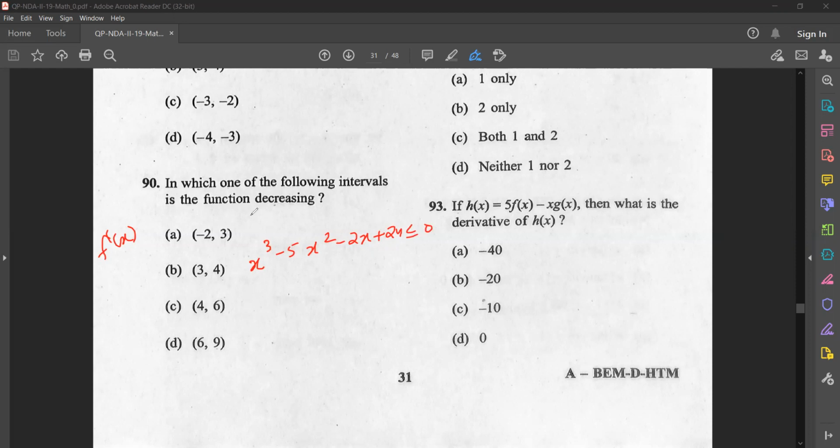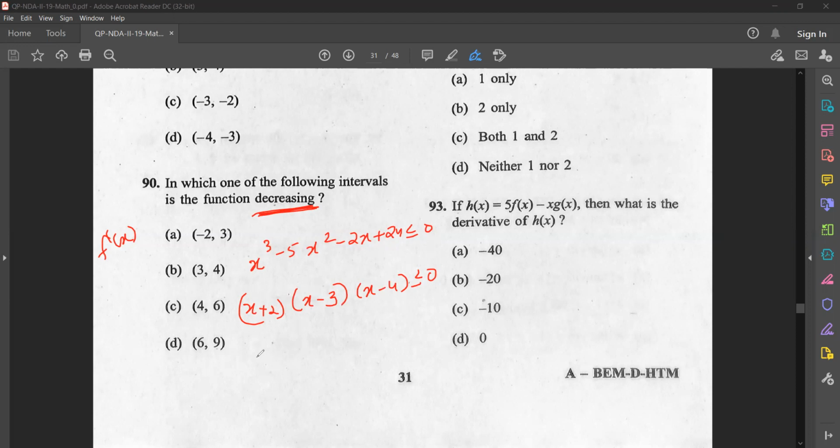Now you have to check where it is decreasing. We have simplified this as (x plus 2)(x minus 3)(x minus 4). Decreasing means less than or equal to 0.